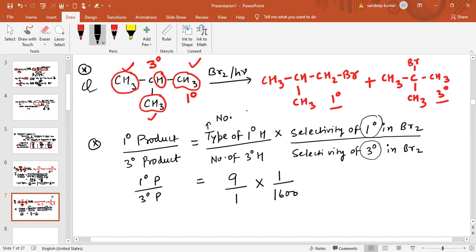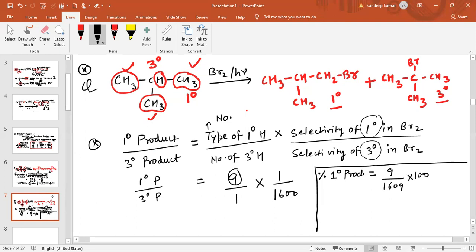Now see, if you want to know the percentage of 1 degree product and the percentage of 3 degree product, the percentage of 1 degree product will be like this. 1 degree is basically 9, so we write 9 in the numerator, divided by 1 degree plus 3 degree, so 9 plus 1600, that is 1609, multiplied by 100.